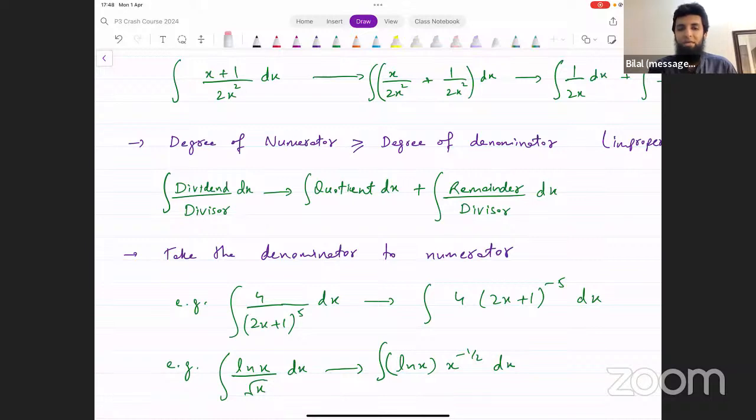And on Wednesday, we have another class as well. So look at the schedule that I've shared with you on the WhatsApp group. We have an extra class at night on Wednesday as well. So on Wednesday, we should be done with all the concepts of integration.